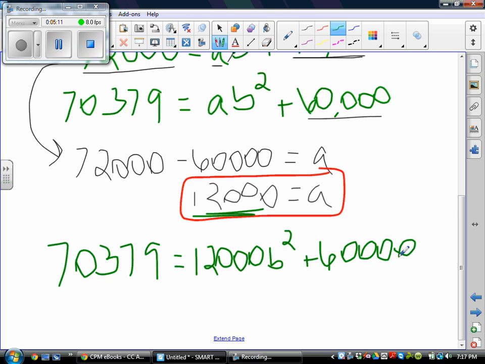So from here, trying to get b by itself, I need to solve for b. I know what a is already. Subtract 60,000 from this, and subtract it on the other side as well.